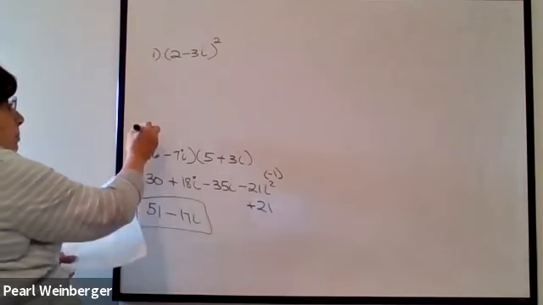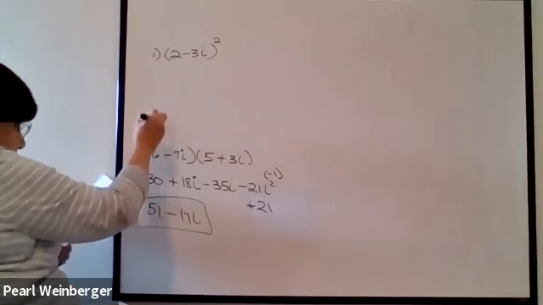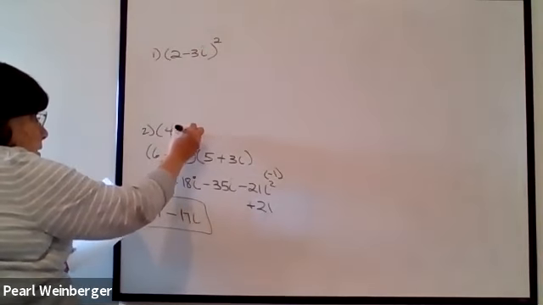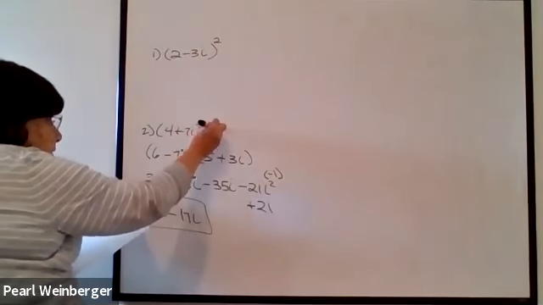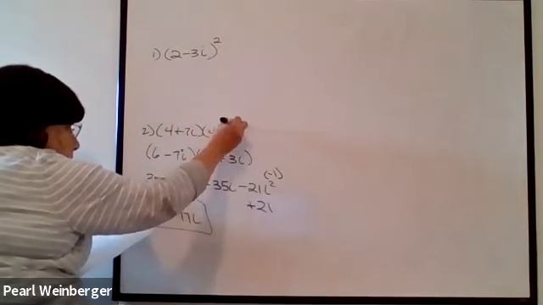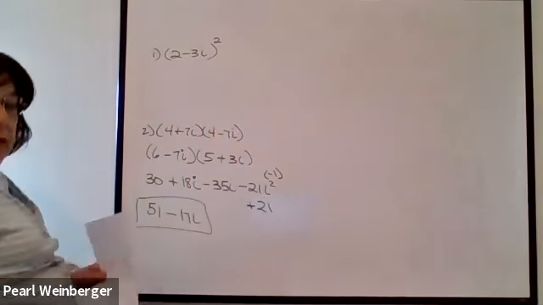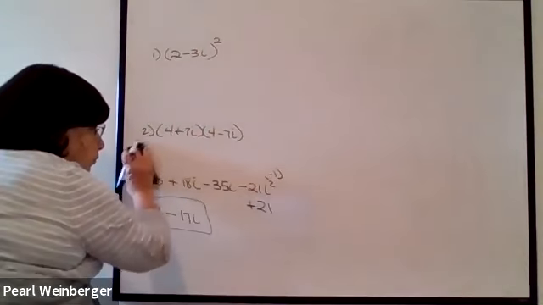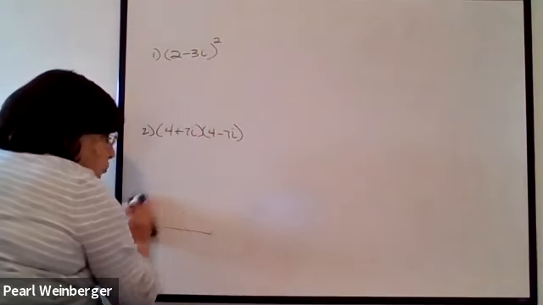And problem number 2 that I want you to do is 4 plus 7i times 4 minus 7i. Okay, I'm going to erase this part now. I'll give you a few minutes to try these two problems.